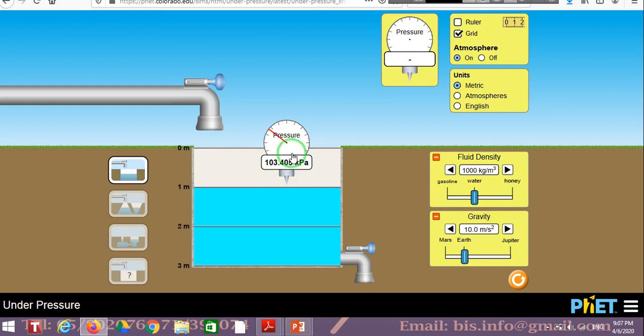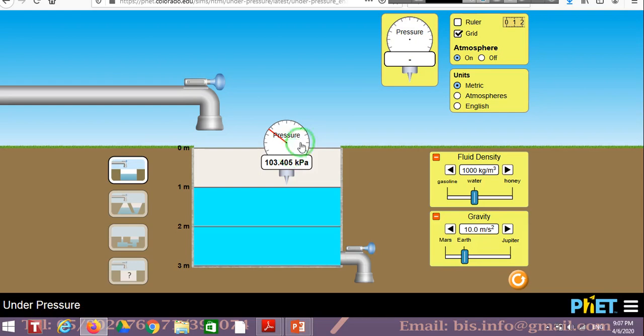So we cannot say that if we are sitting now at home, at shore, whatever, that we are not subjected to any pressure. We are under the action of the atmospheric pressure.